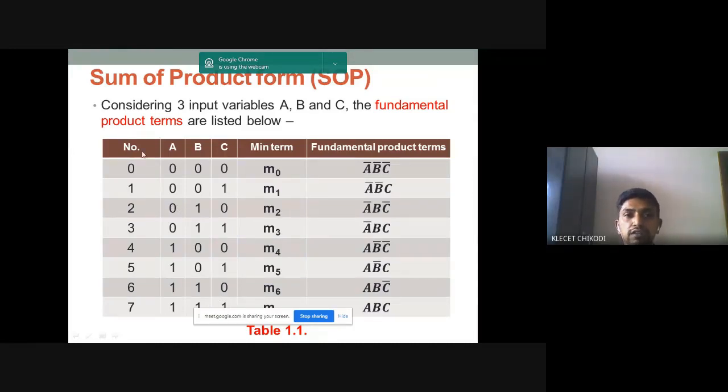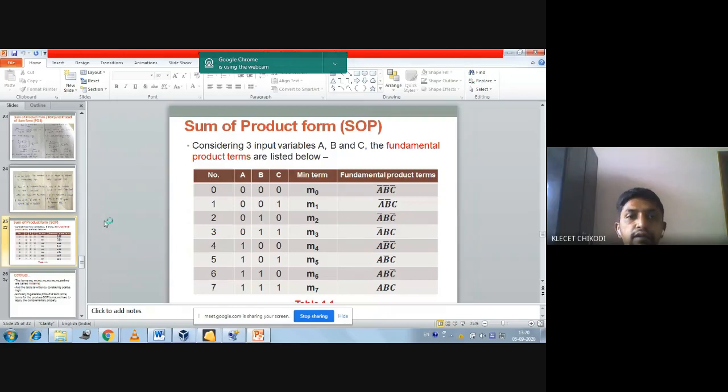So what I have done here is, since there are 3 input variables, we need to represent them using binary numbers. Actually, let me show you one thing.